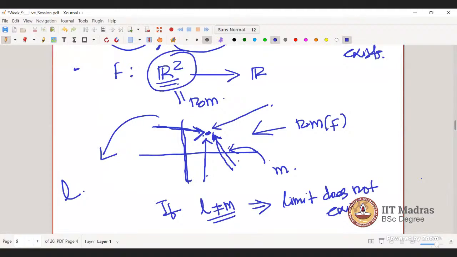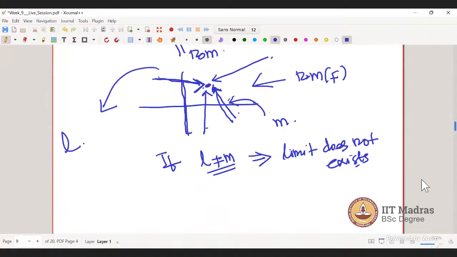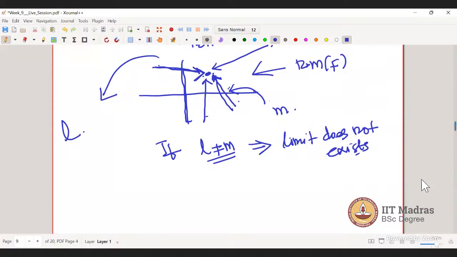So if the limit is different for at least two different directions, then you can say that the limit doesn't exist. But proving that a limit exists is difficult, because you have to make sure that the limit value is the same for all possible directions. Sir, then how do we find the total number of directions? There are infinitely many directions.